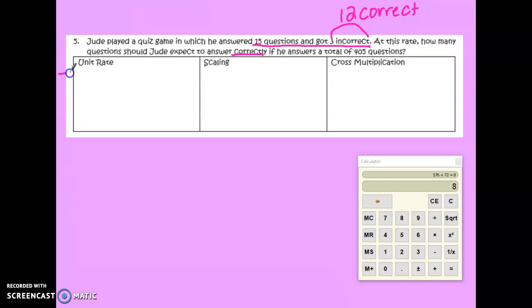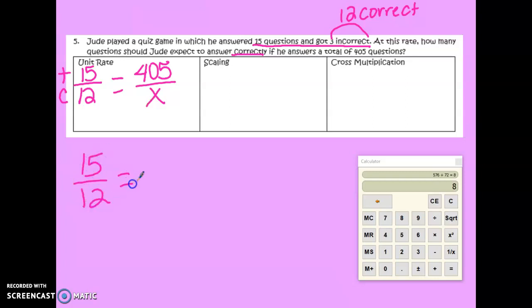So I'm going to do mine total to correct. So I'm going to have 15 total questions to 12 correct, and that's going to equal a total of 405 questions. And here I'm trying to find how many are correct out of that. My first method that I'm telling you to use is unit rate. So I'm going to take 15 and divide by 12. 15 divided by 12 gives me 1 1/4.